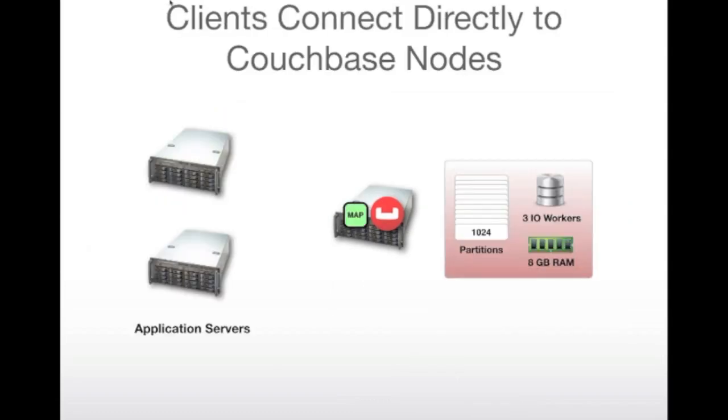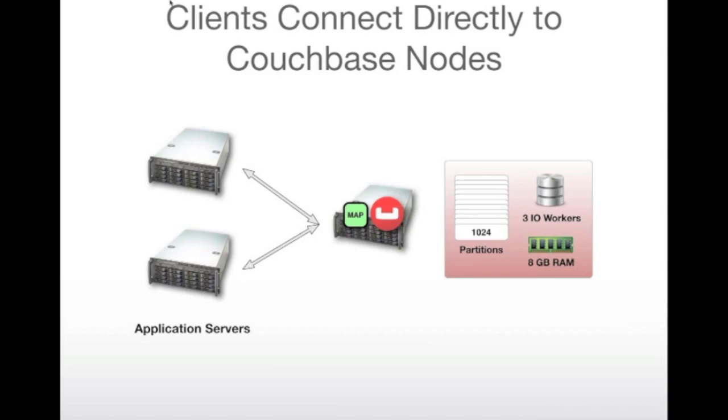So our clients actually connect directly to Couchbase nodes. They don't go through a sort of routing server. They connect directly to each node. So we have basically what we call a cluster map of partitions, and we basically break up all the data in 1024 partitions on disk and in RAM.